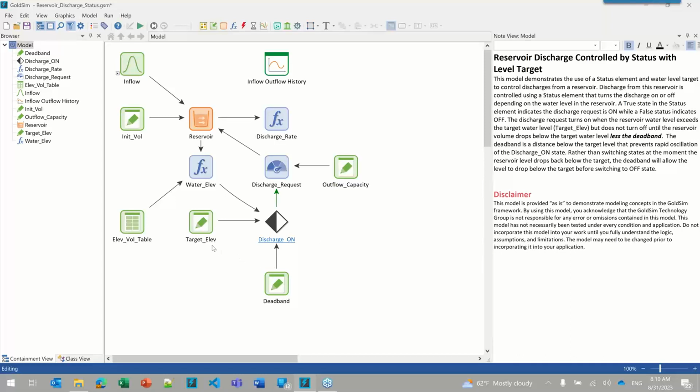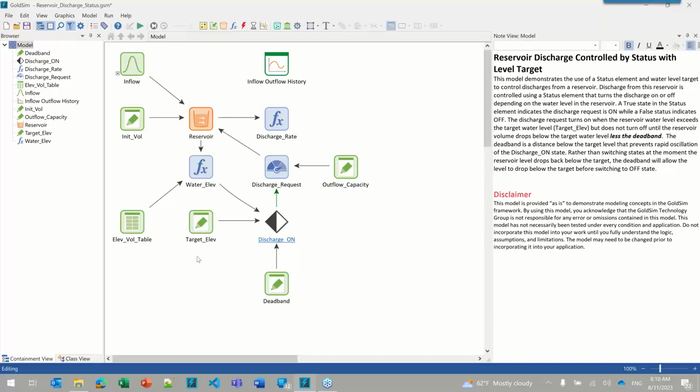So what I have set up here is a target elevation, and that's just a constant. Now, that doesn't need to be a constant. We could have a target water level that is dynamic. That is often the case, especially when you need to account for a wetter period of the year, maybe for flood control.